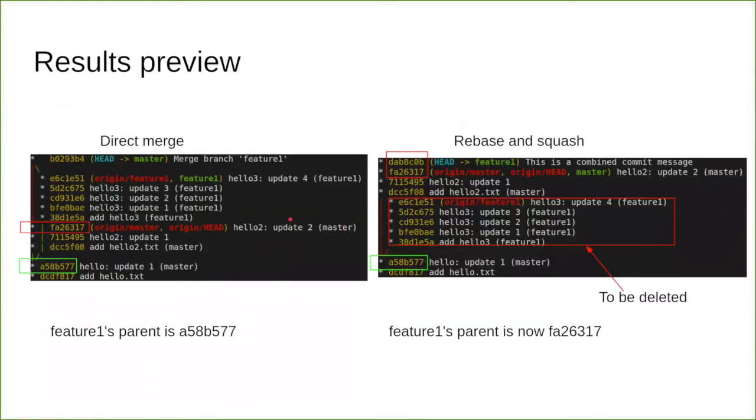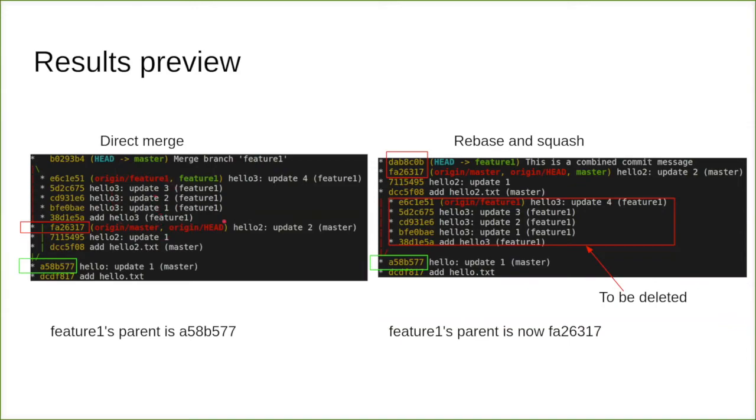Let me show you what we will get in the demo. There seems to be a lot of screen output, but I want to remain focused on the main point. With the direct merge, the simple git merge, the result will be fine, but you have a noisy commit history.